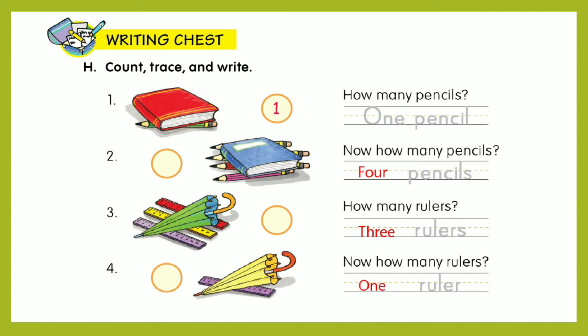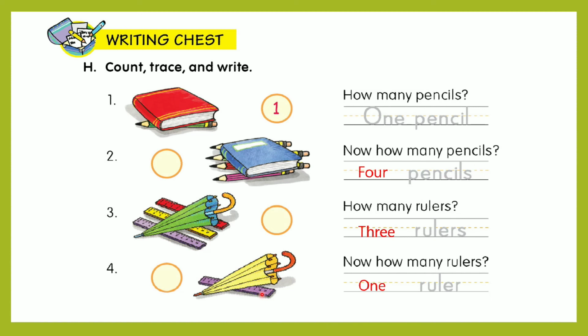Next, the question asks, now how many rulers? Well, 1 ruler. Are you sure it's 1 ruler? Well, let's count and confirm.